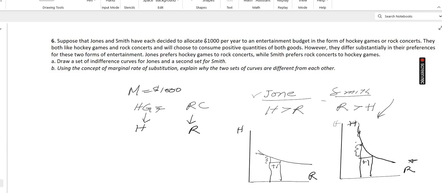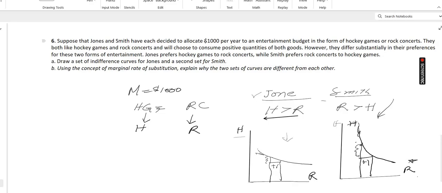So this is John's indifference curve and shows the preferences of John, whereas this is the preferences of Smith. If you look at John, he is liking hockey more in comparison to R.